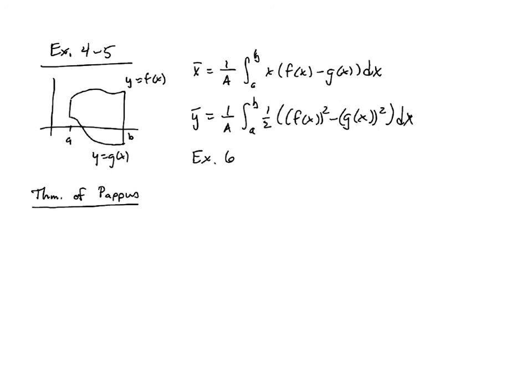And that says that if you rotate a region R about a line L, and it's any line L, it can be horizontal, vertical, or diagonal, as long as the line has R entirely on one side of it.